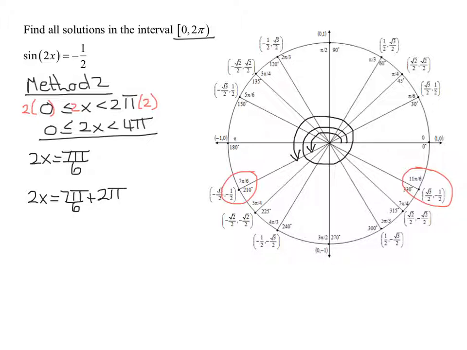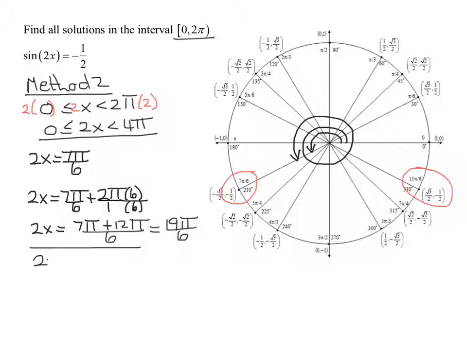So I'm going to add my 2 pi. How do you add fractions? You need a common denominator. So I get 2x is 7 pi plus 12 pi all over 6, which is 19 pi over 6. So these are the only two solutions for 2x that I get in this interval that come from this angle here.